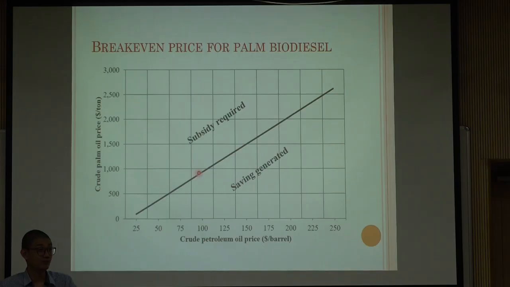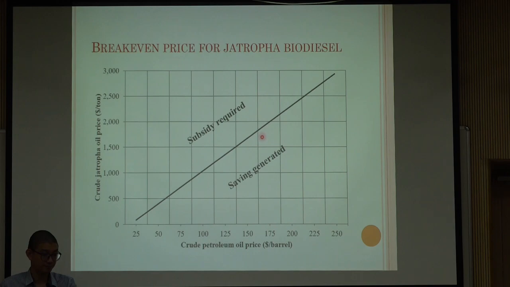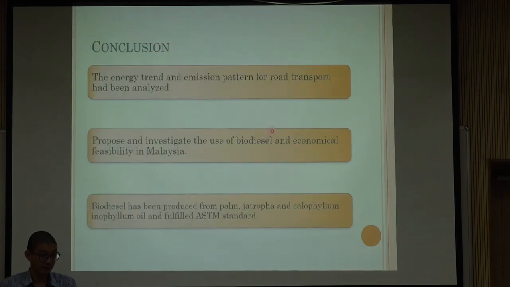In this scenario, nothing changed with the production cost or the conversion technology. Previously we were at this point here, where a lot of subsidy was needed. Currently we are very close to break even. So that's why this break-even price chart is very important, so that it can be compared to certain technologies.